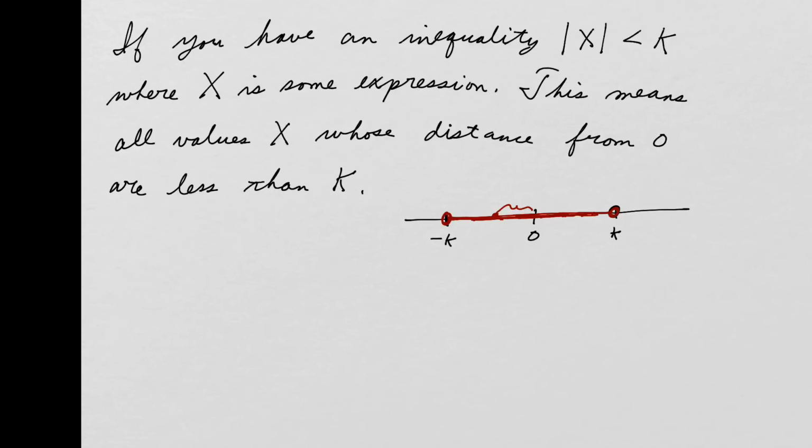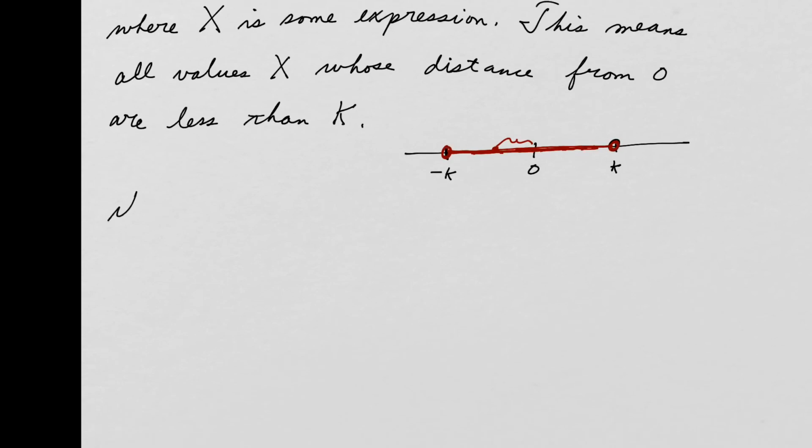So this can be written basically as a compound inequality, as x is greater than negative k and less than k. Right? That's what it means.